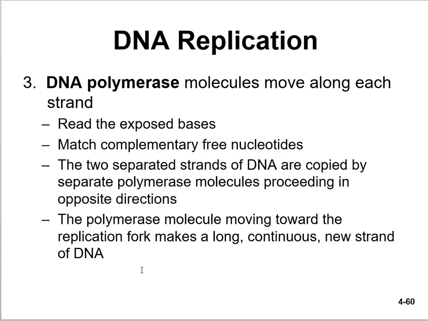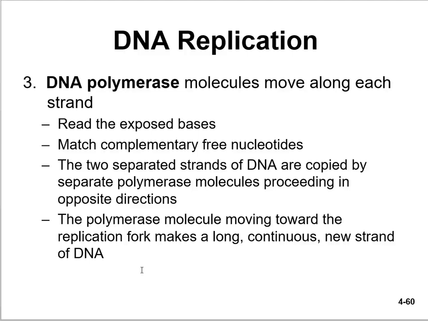Then DNA polymerase molecules will move along each strand, and it will read those exposed bases and match up complementary free nucleotides. The two separated strands of DNA are copied by separate polymerase molecules proceeding in opposite directions.